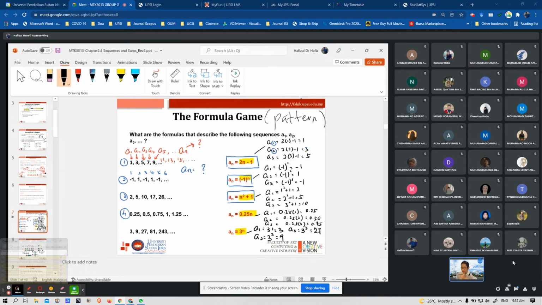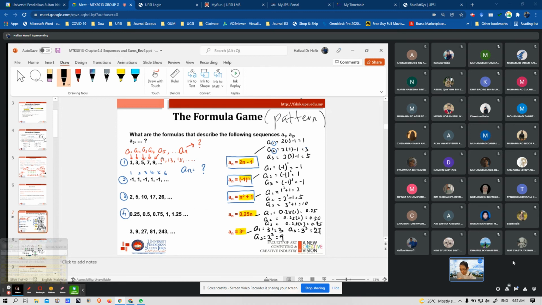For example, you have a_n equal to 2n minus 1, from the sequence a1, a2, a3, a4, a5. We have a formula a_n equal to (-1)^n, a series of a1, a2, a3, and so on. And then we have a_n equal to n^2 plus 1.